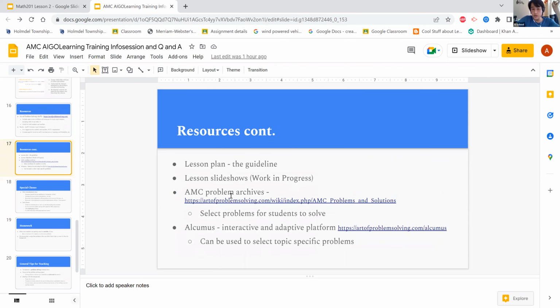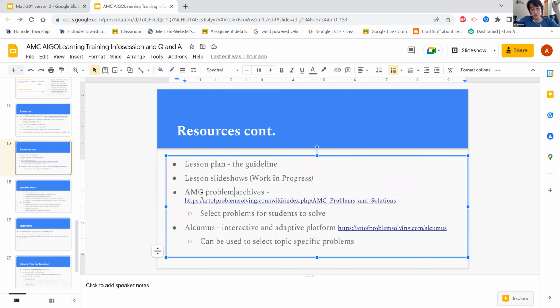So yeah, another thing that's very useful, once again in AoPS, is the AMC problem archives, which basically has all the problems. And let's actually go to it right now and show you. It has all the problems listed by year, which is very handy.